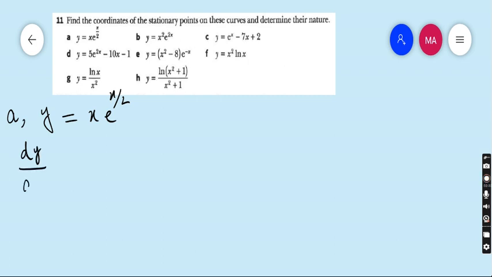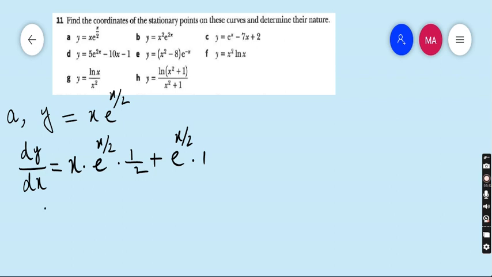How to find the derivative of this function? We have to use the product rule, that is u into v formula. u is x and v is e power x upon 2. So u times derivative of v, derivative of v is e power x upon 2 into derivative of x upon 2, that is 1 upon 2, plus v times derivative of u, derivative of x, which is 1.